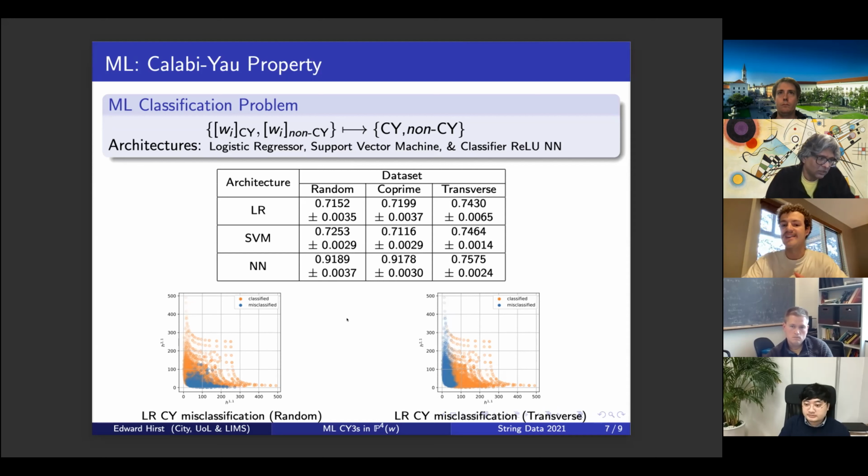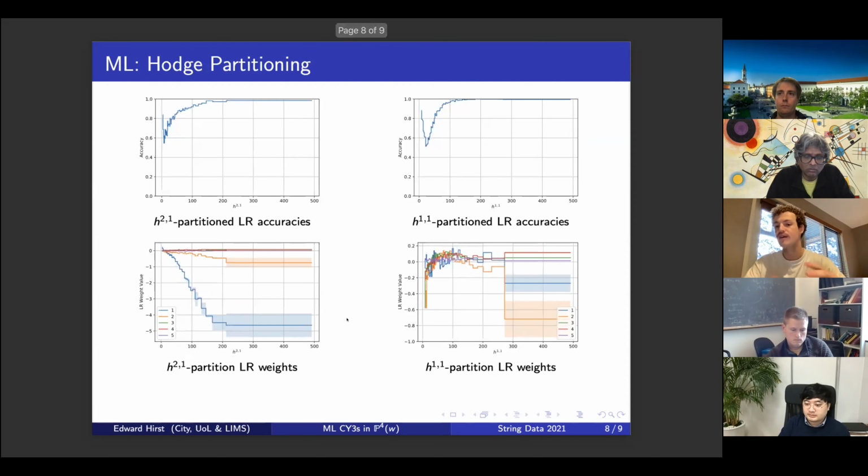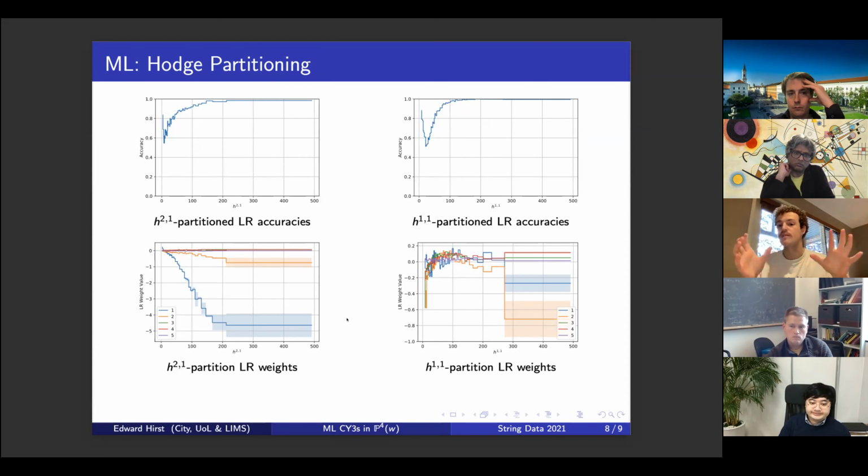It looks like the prediction of Calabi-Yau-ness from some set of weights seems to be coming from some correlation to the Hodge numbers. So if we wanted to probe this a little bit further, we do some partitioning on the data. We split the Calabi-Yau database, this 555 size, up into 50 bins, and we optimize these bin bounds such that there's roughly the same number of 5 vectors in each bin, roughly 100 to 200 each time.